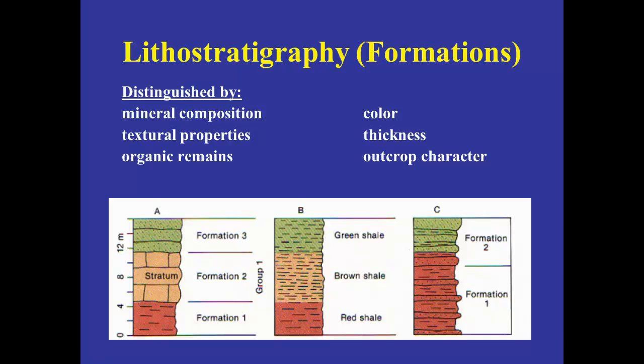And the question was, what's the difference between Formation 1 and Formation 2? You see that in Formation 1, the sandstone layers are thinner than the shale units, whereas in Formation 2, it's just the opposite. The sandstone units are thicker than the shale units. The shale units are distinguished by those horizontal dashed lines, the sandstone units by the stippled pattern.